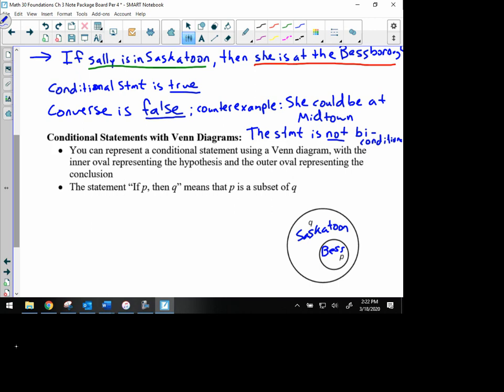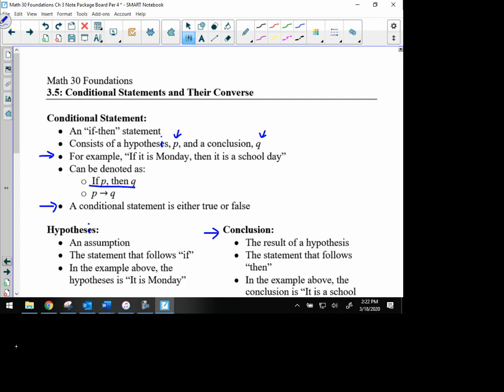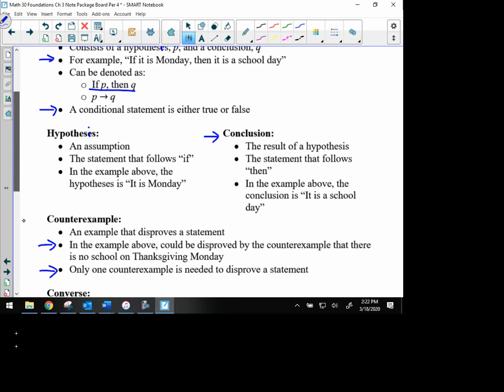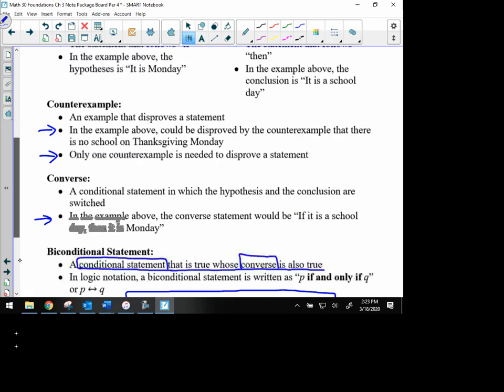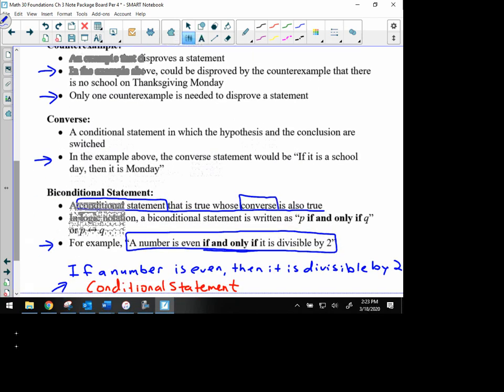So the main takeaways from this 3.5 are just what a conditional statement is. Let's go back to that as an if-then statement. Okay, so that's a takeaway. And then what the different parts of that are: the hypothesis and the conclusion. And then what does it mean to take the converse of the statement?